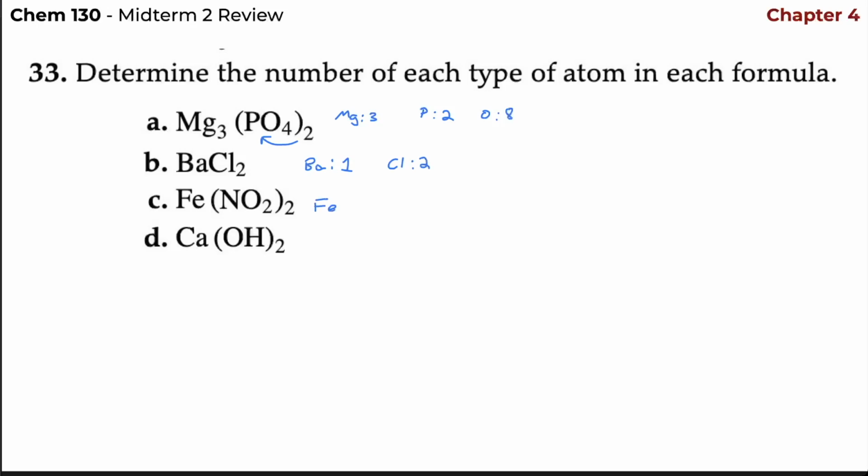This one has just 1. And this one, again, you're multiplying this to both, so 2 N and 4 O's. And then Ca 1, O, remember 2, and H also 2.